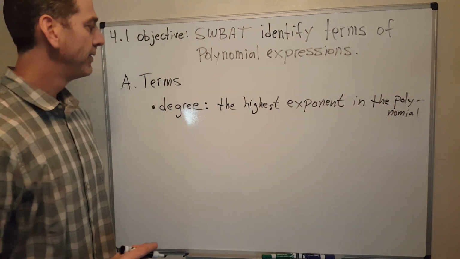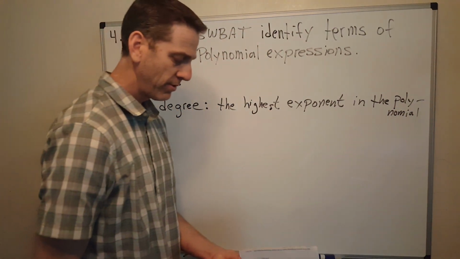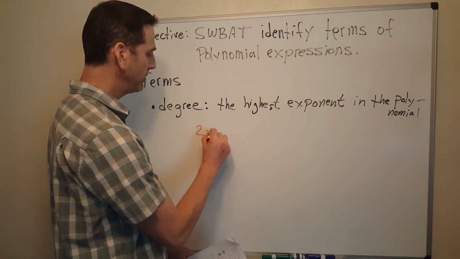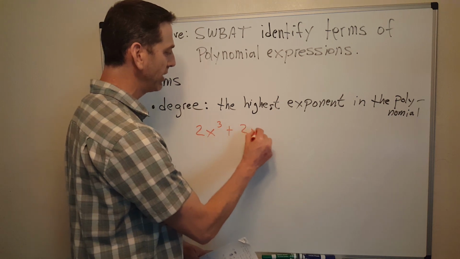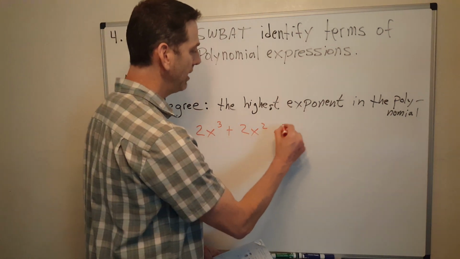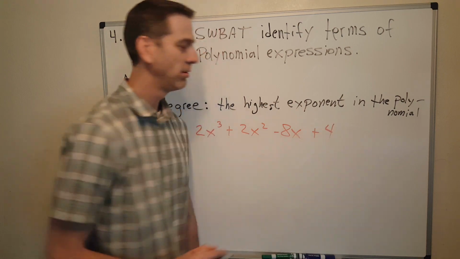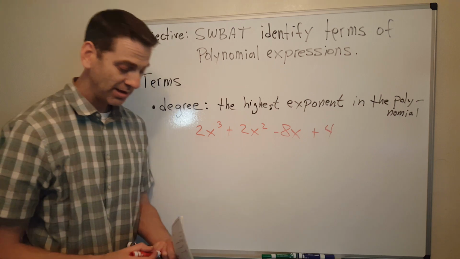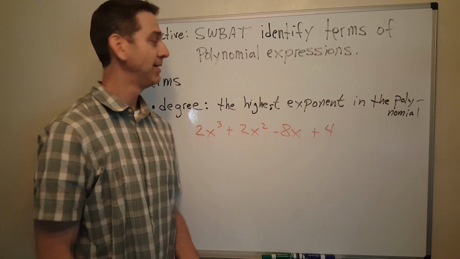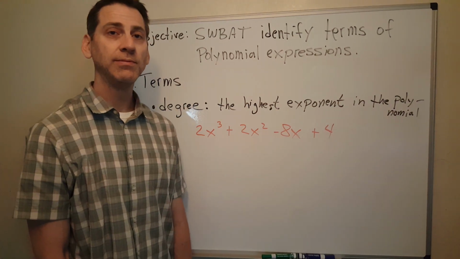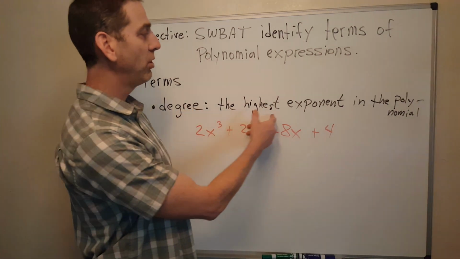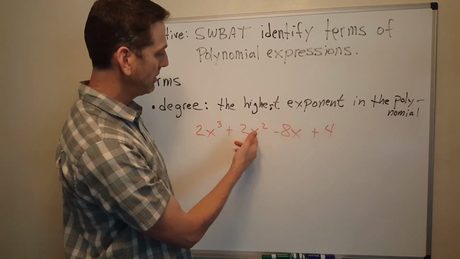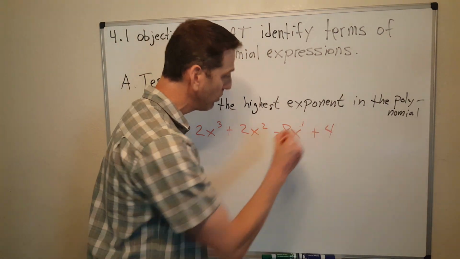For example, if I said I have 2x to the third plus 2x squared minus 8x plus 4, that's a four-term polynomial. And I asked you, what is the degree of this polynomial? Well, what is the highest or largest exponent in the polynomial? If you're wondering, there's actually a 1 right there.